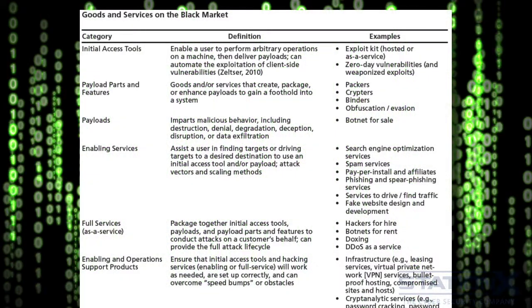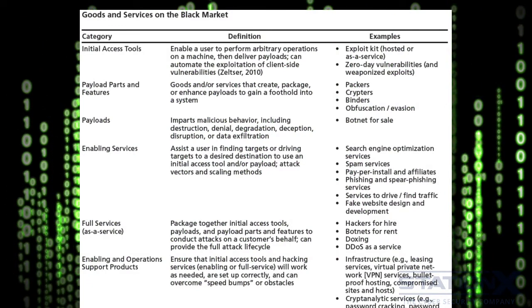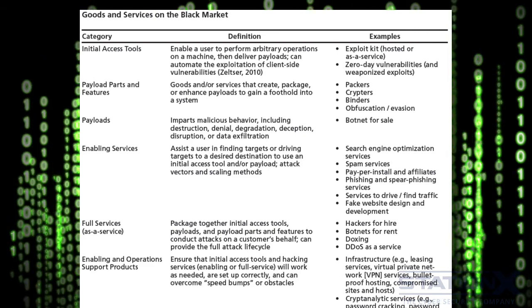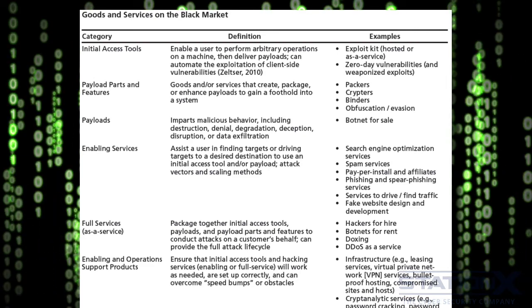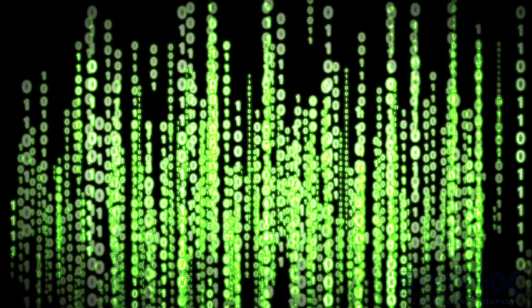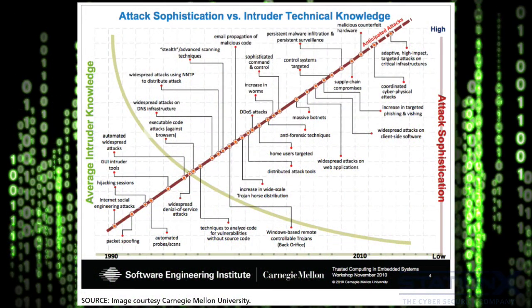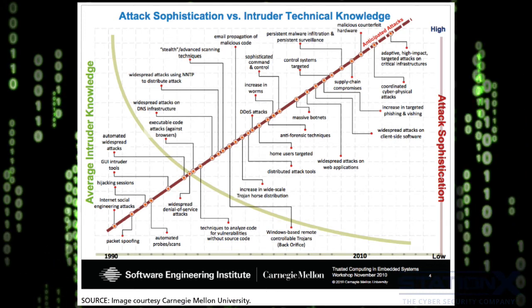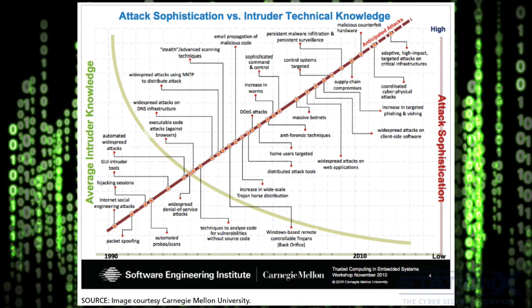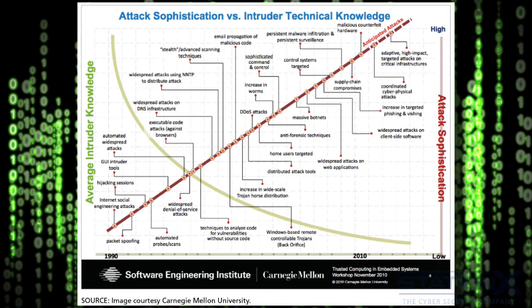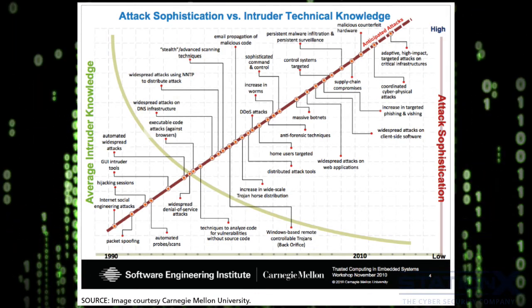As you can see, because they are buying or downloading these tools for free, they don't have to develop them themselves. So the barrier to entry to become a cyber criminal is low. The average intruder knowledge is now low, i.e. they are script kiddies with little skills, versus the now high level of attack sophistication given they have access to such powerful tools.